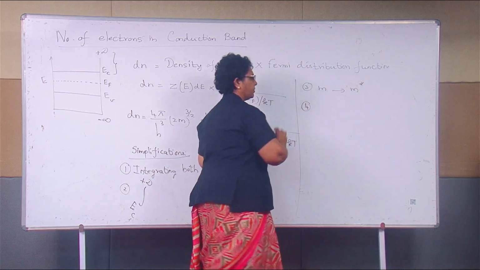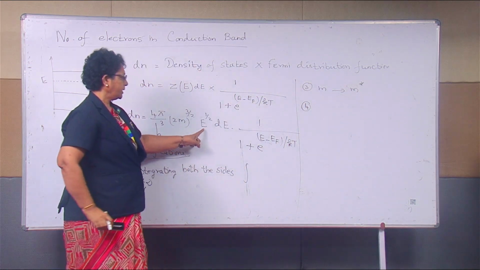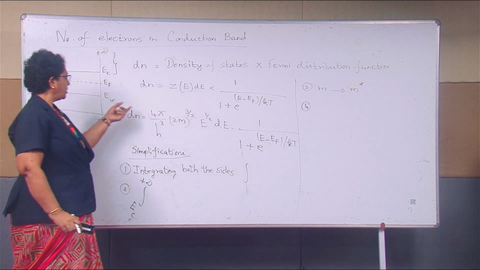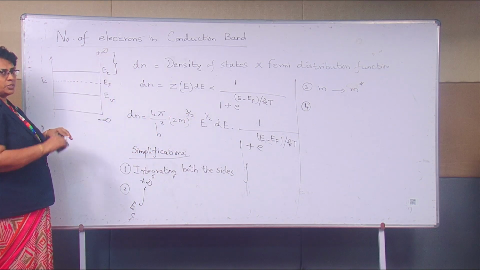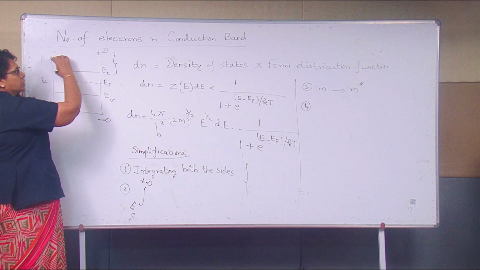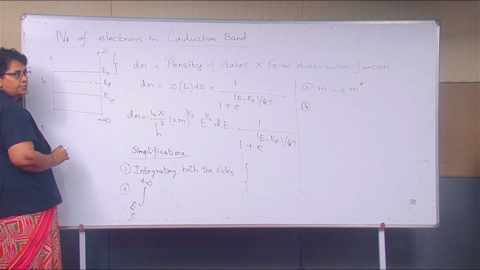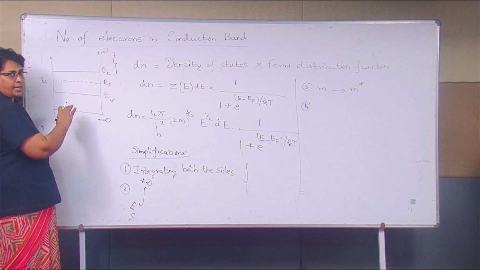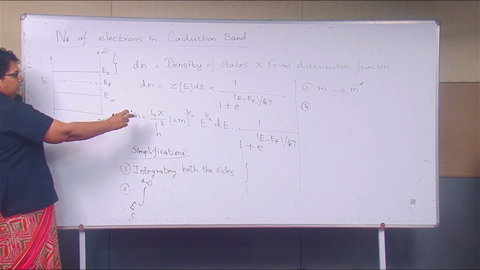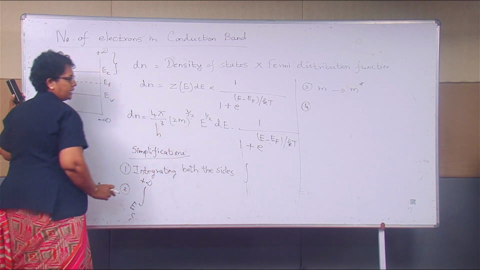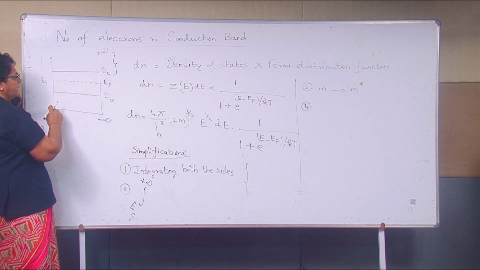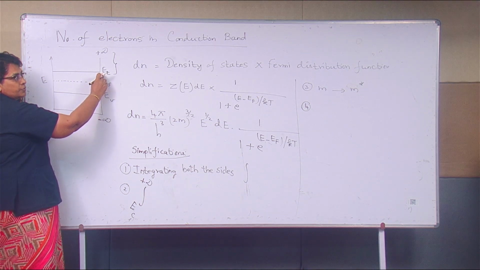And the fourth simplification is the energy level E. Even though there are so many energy levels, you are concentrating only the energy levels which are present in the conduction band. No need of all these energy levels below this conduction band. So they can be neglected. So this energy level E can be written as the entire energy level minus this portion.